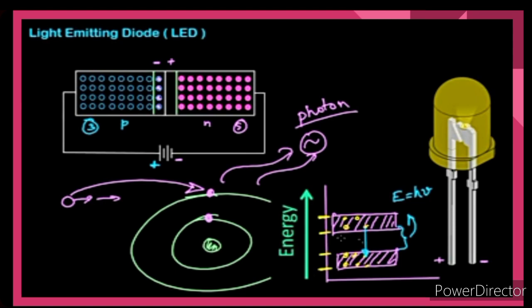In a light emitting diode, light is produced due to the recombination process. Recombination of charge carriers takes place only under forward bias condition. Hence, an LED operates only in forward bias. When the LED is in reverse bias, free electrons, the majority carriers from the N side, and holes, the majority carriers from the P side, move away from the junction.